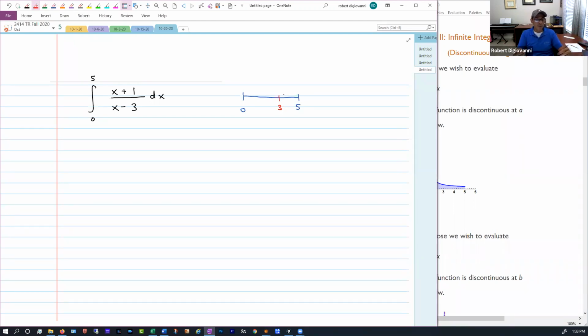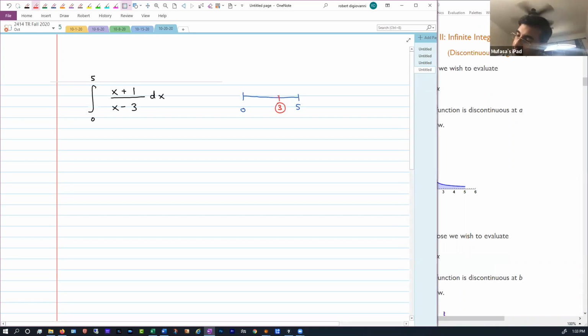The only thing making my function undefined is 3. If we went from -5 to 5, I'm still only concerned about 3.